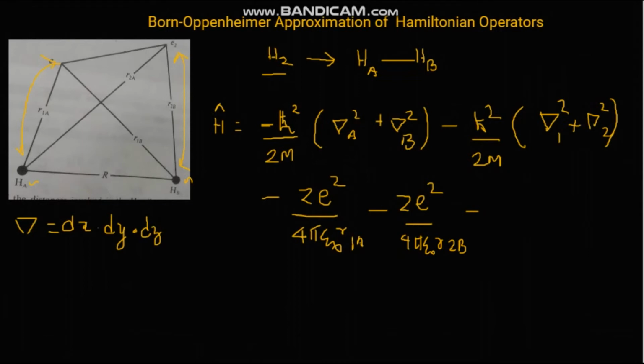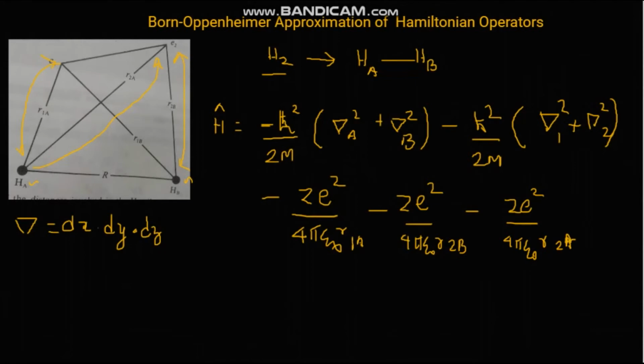There is a possibility that hydrogen atom A may attract this electron, which can be given by Z into e square by 4 pi epsilon naught r2a.